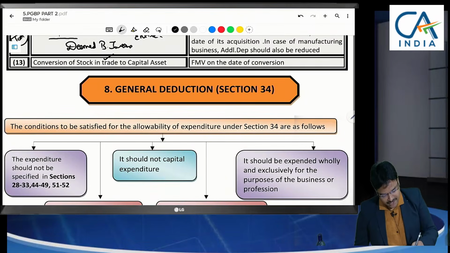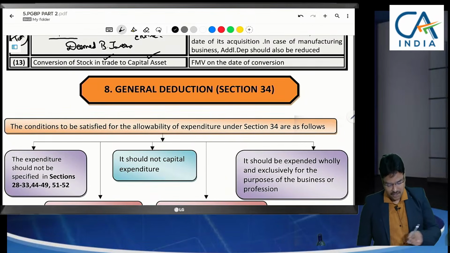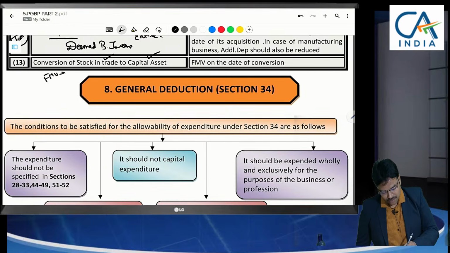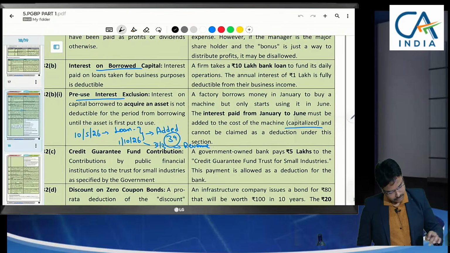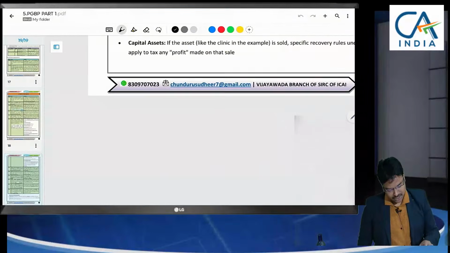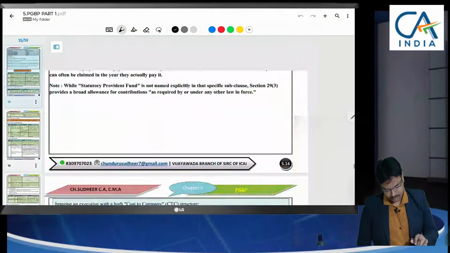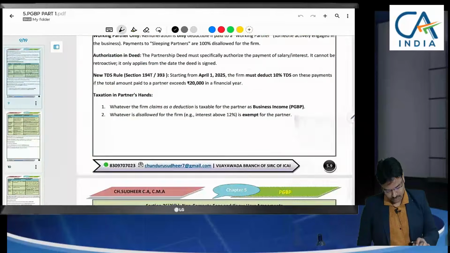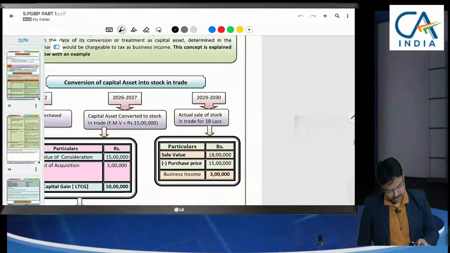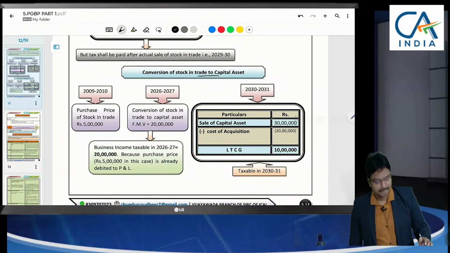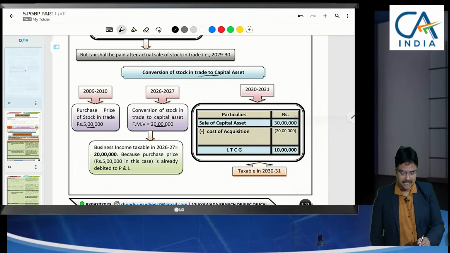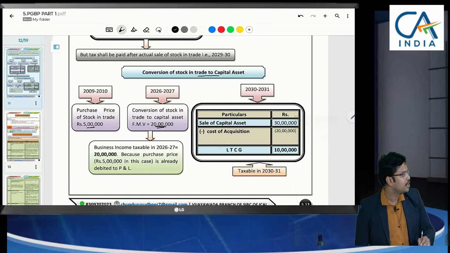Conversion of stock in trade into capital asset. Fair market value we have treated as business income. In yesterday's session, we have discussed at the end of the charging section, whenever the stock in trade is converted into capital asset, this 20 lakhs, purchase 5 lakhs, now at the time of conversion fair market value is 20 lakhs.